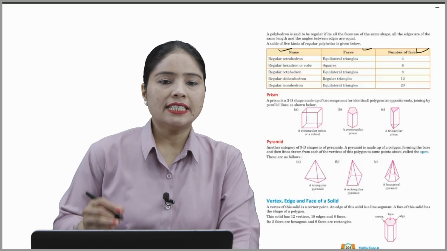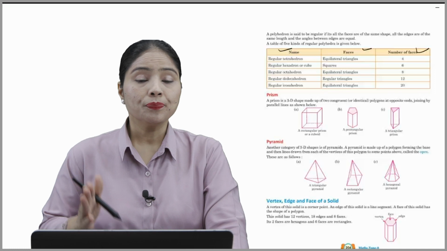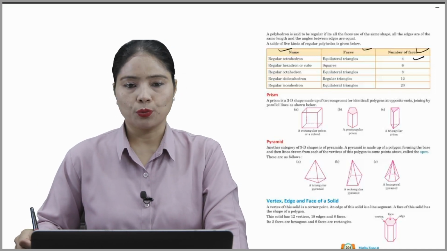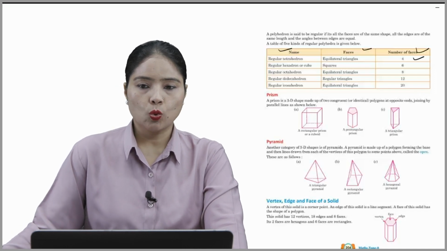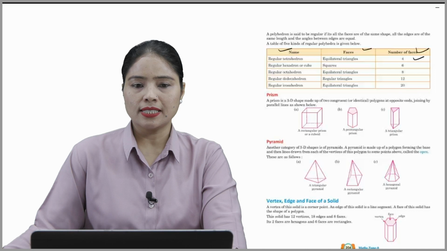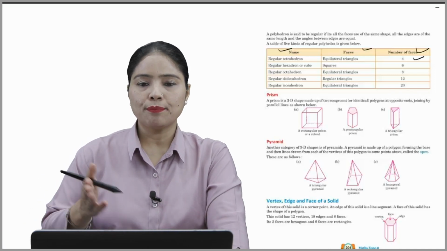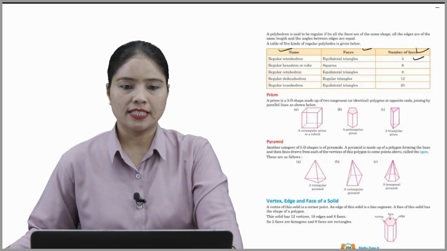So the first one is regular tetrahedron. ये क्या होता है? इसमें faces कितने होते हैं? Equilateral triangles और इसके faces होते हैं हमारे 4. Now regular hexahedron या cube, that means squares, faces होते हैं 6. And now these are the other ones, beta, just read and practice well. Okay, ये name है, ये इसके faces हैं और ये इसके number of faces है.